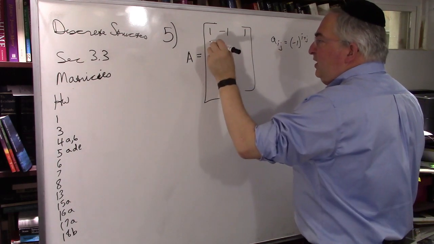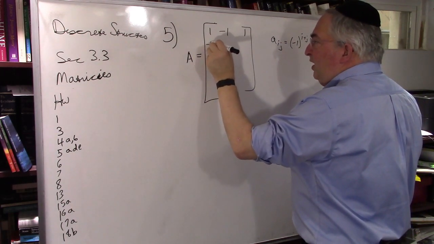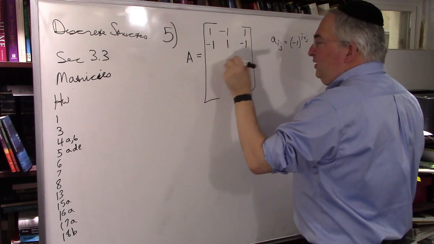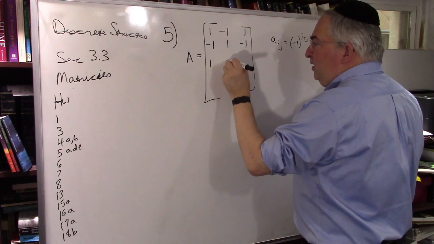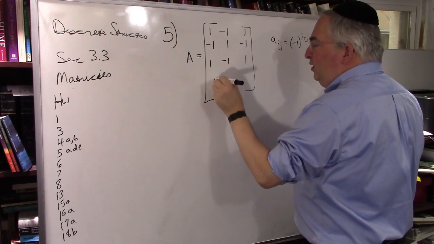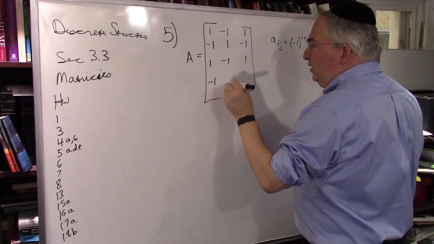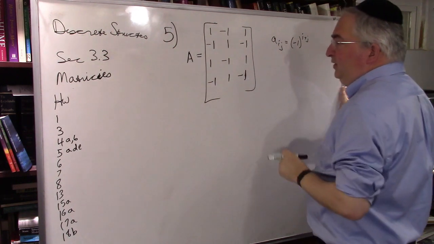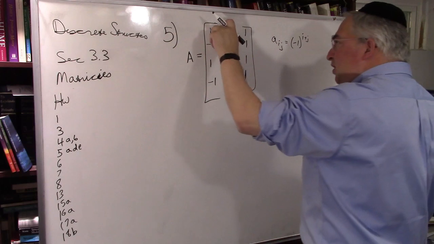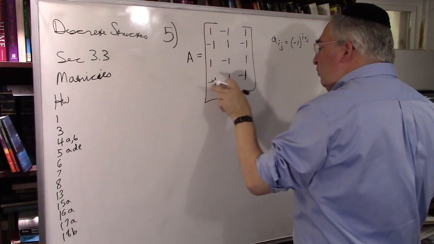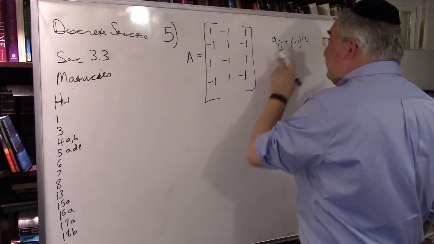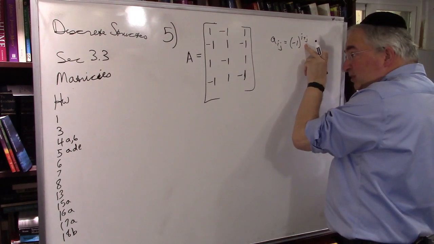Okay, great. This is going to be the 2, 1, that's going to be odd, so it's going to be like this. 1, minus 1, 1, minus 1, 1, minus 1, 1, minus 1. Let's just check with this one. This is the 4, 3 position. So that's minus 1 to the 7th power.